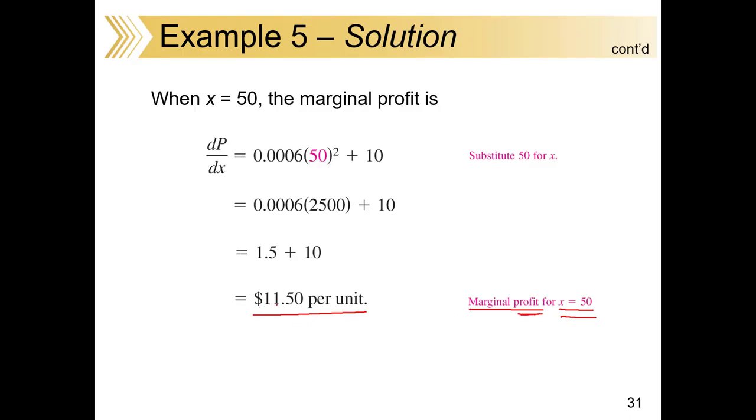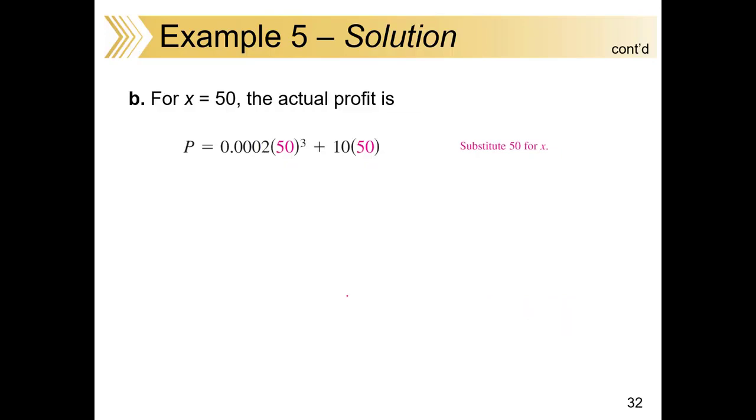You get an additional $11.50 for every extra TV set that you produce. That's marginal profit. And you can adjust that just by changing the words for marginal cost or marginal revenue. So you put the 50 in.